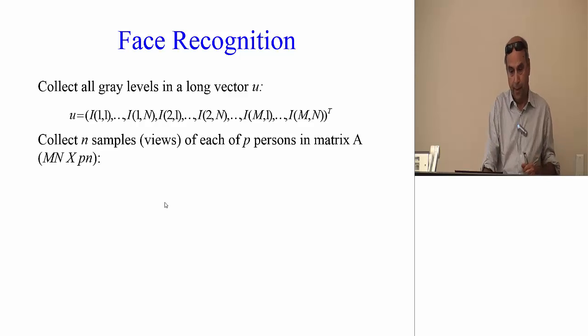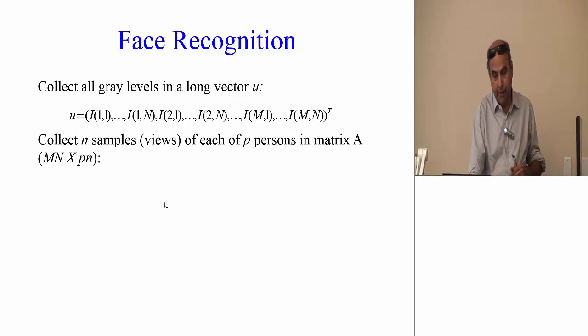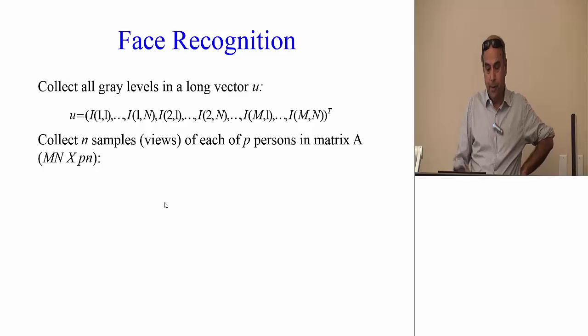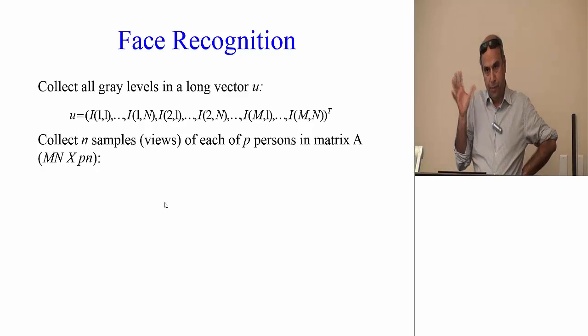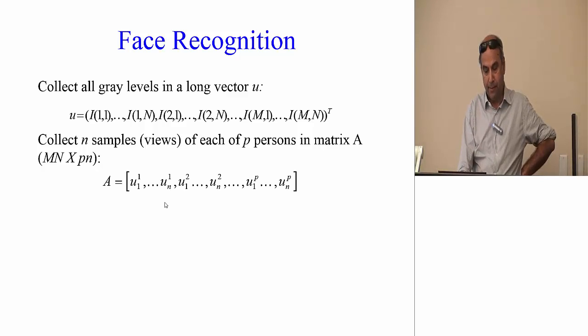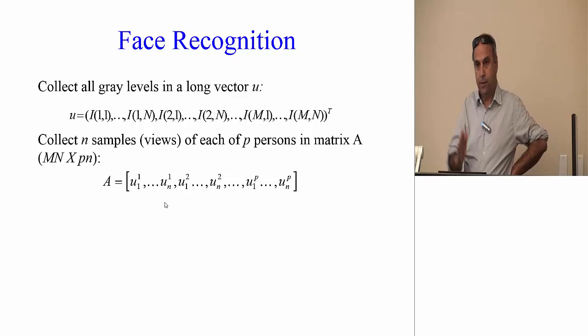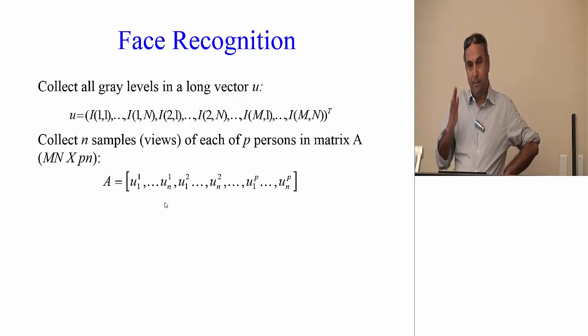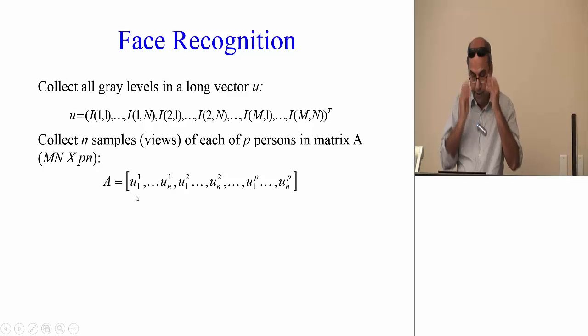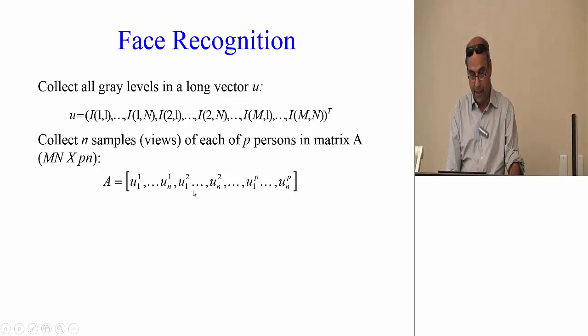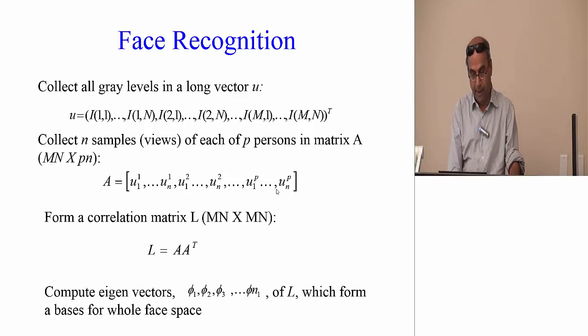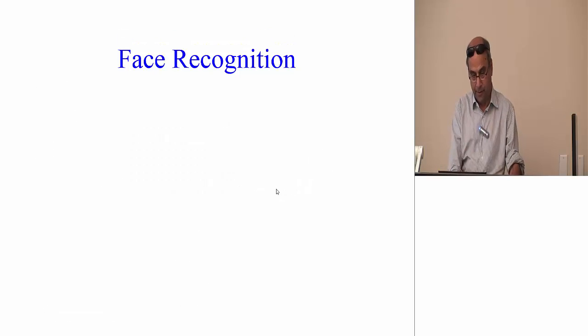That's a U vector. Now say we have P people, and for each one we have N samples, different views of each person. So we will make this matrix A. We'll put all these examples of all the persons. So this is the first person, and there are different views, second person, and P people. From there we'll make an L matrix, and then we'll find eigenvectors of that L matrix.